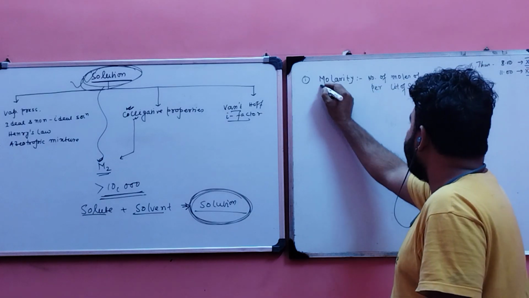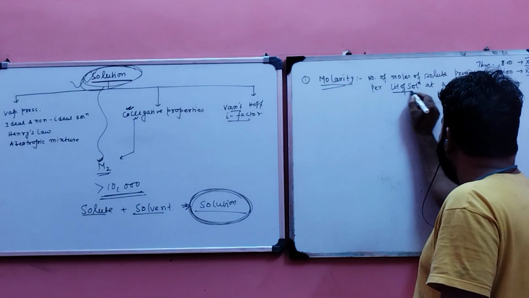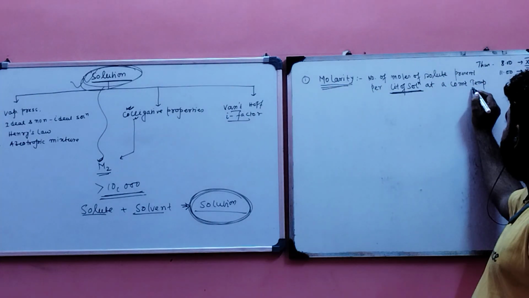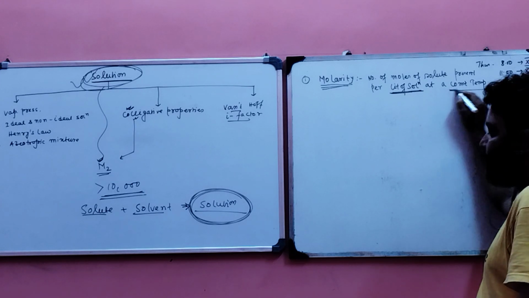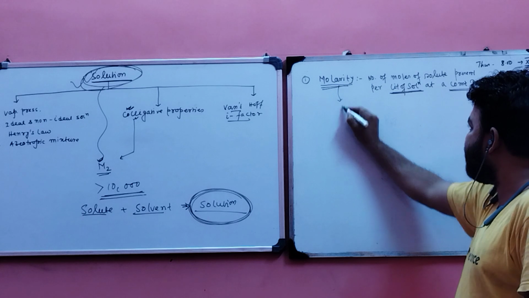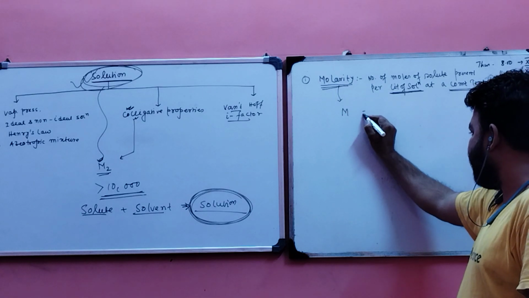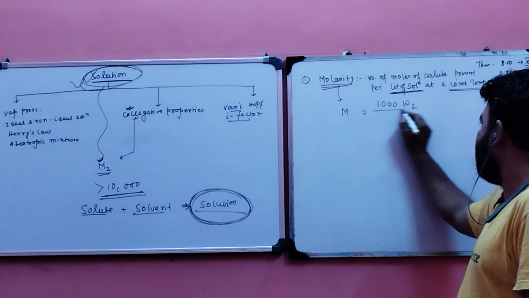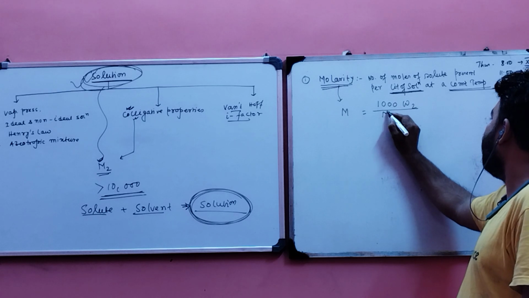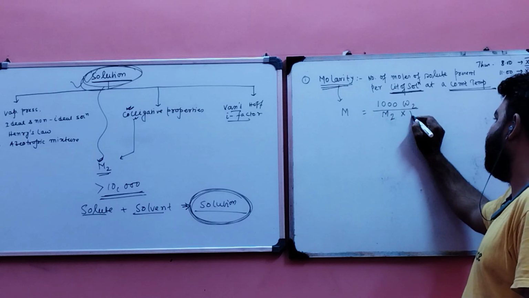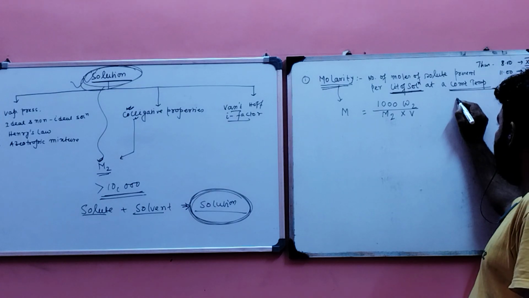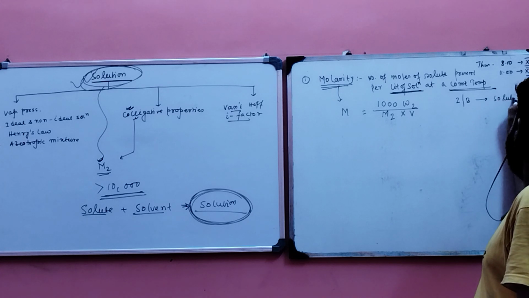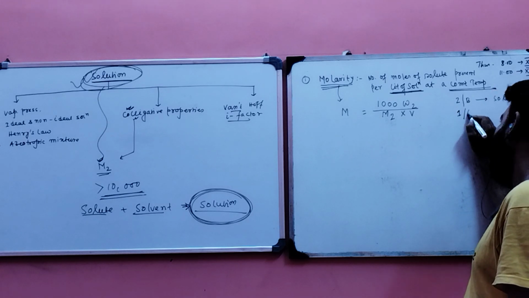Here molarity is a volume dependent term, liter of solution, and since volume depends on temperature, that's why at a constant temperature. Molarity is represented by capital M, and capital M equals 1000 W2 by M2 into V. Remember, when we use 2 or B, it indicates solute, and when we use 1 or A, it indicates solvent.